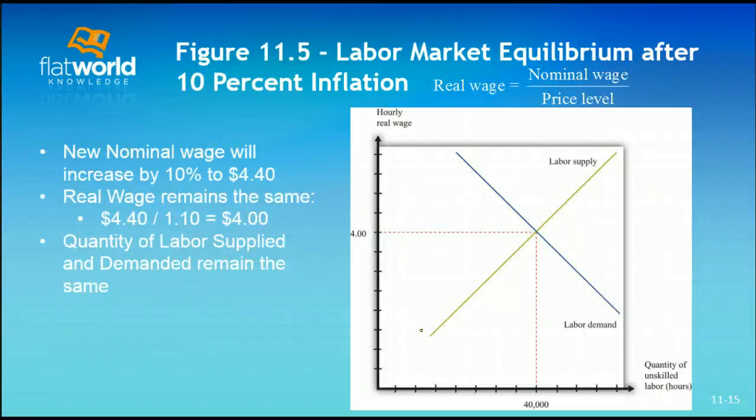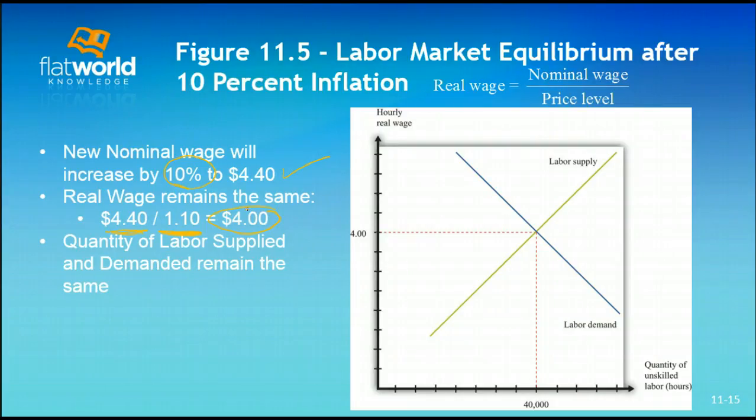We would see the new nominal wage increase 10% to $4.40. Now, remember, a real wage is calculated by taking the nominal wage divided by the price level, and the price level is now 1.1 because we've seen a 10% increase. If you do that calculation on a calculator, you'll discover 440 divided by 110 gives us $4.